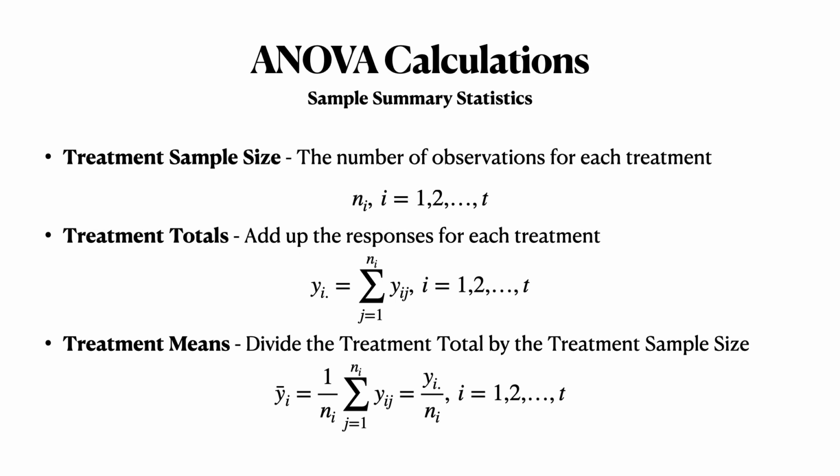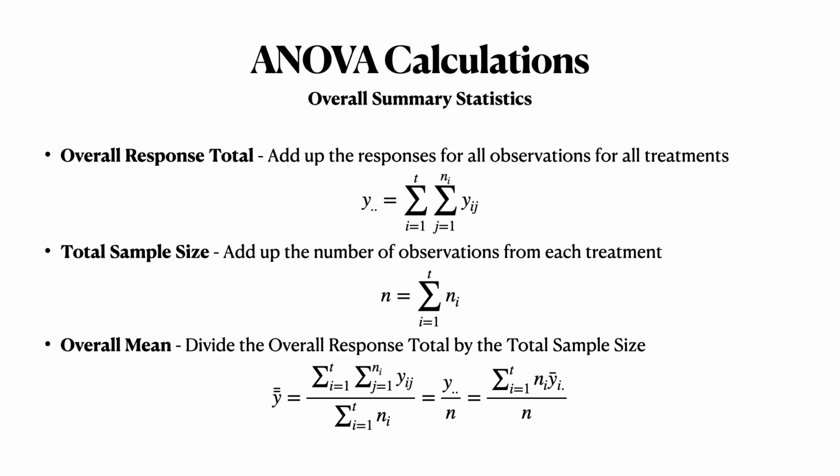And then using the notation for the treatment totals above, we see that y bar sub i is equal to y sub i dot divided by n sub i. Again, i ranging over the number of treatments, so 1, 2, and so forth up to t. So these are the sample summary statistics that we'll need to perform the ANOVA calculations.